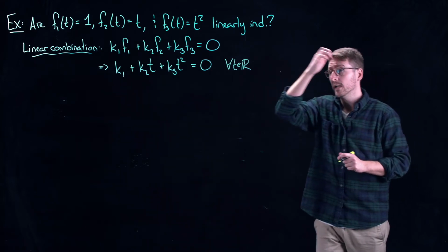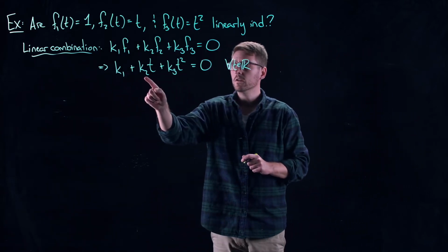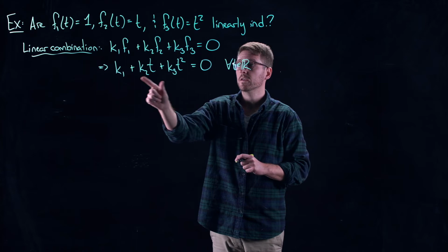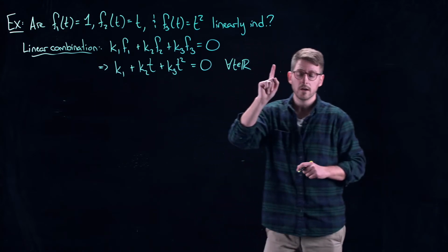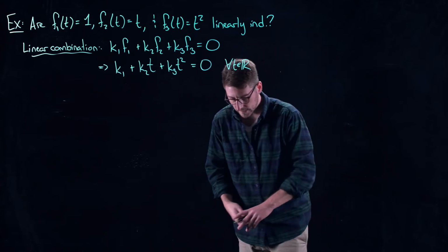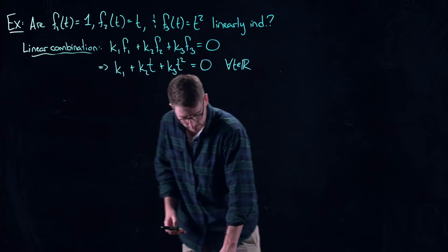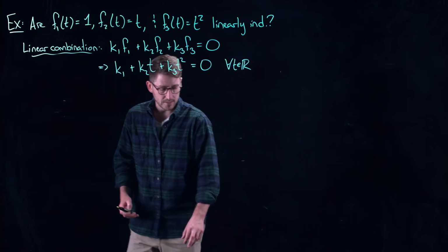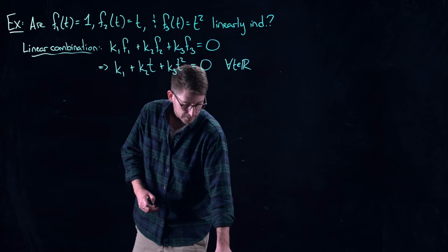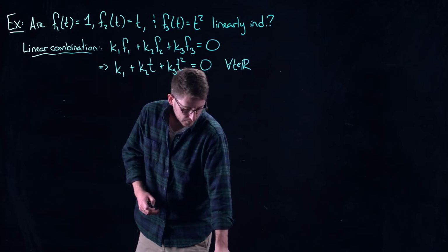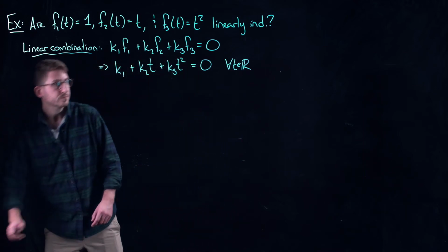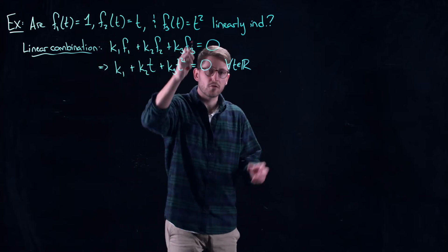And so the question is, are there non-zero values of k that make this true for every single value of t? Or is it the case that these things are linearly independent? That means that they span different spaces, and so these functions are distinct.